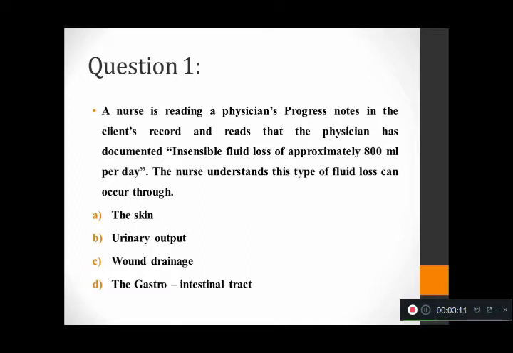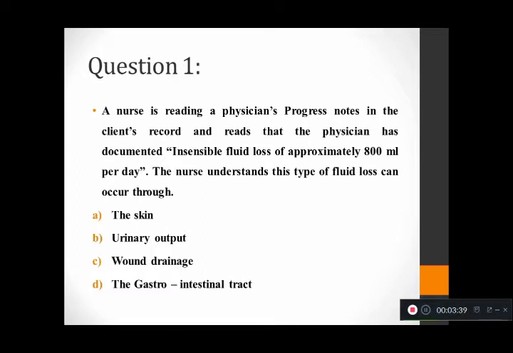First of all, what is sensible loss and insensible loss? Sensible fluid loss occurs through wound drainage, GI tract losses like vomiting, and through urination when there is an excess amount of urine output. The patient is well aware of it.